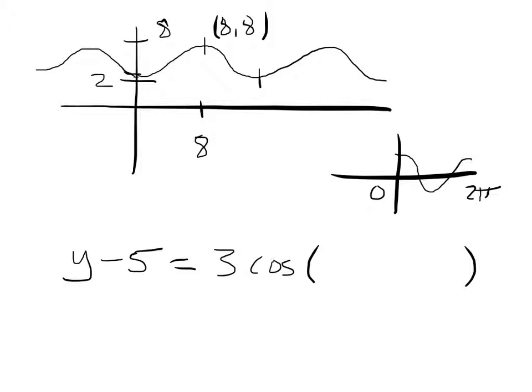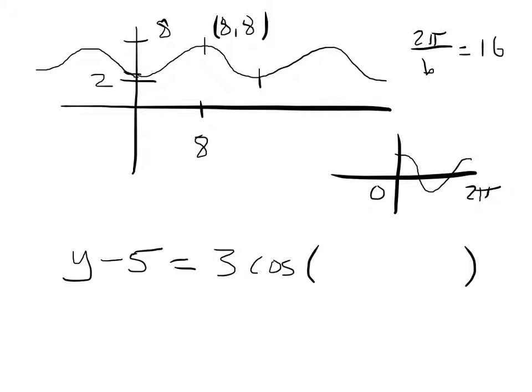And I know my period is going to be, well, if I go from a local min here to a local max here, that's going to be half of a full period. And that's 8 units. So it looks like my period here then is going to be 16 units. So if my period is 16 units, I know that 2 pi over that coefficient b is going to give me my period of 16.